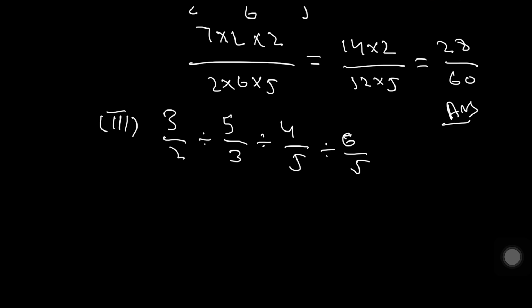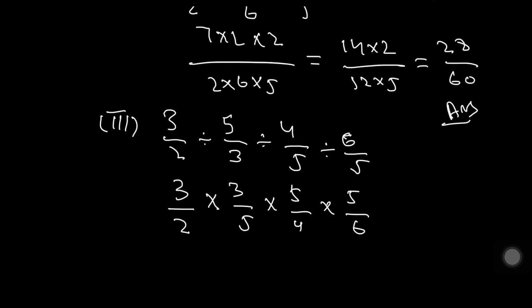This is the same process. First we change the division sign into multiplication, and the numerator goes toward the denominator, the denominator goes toward the numerator. So 3 upon 2 multiply 3 over 5, and multiply 5 over 4, multiply 5 over 6.